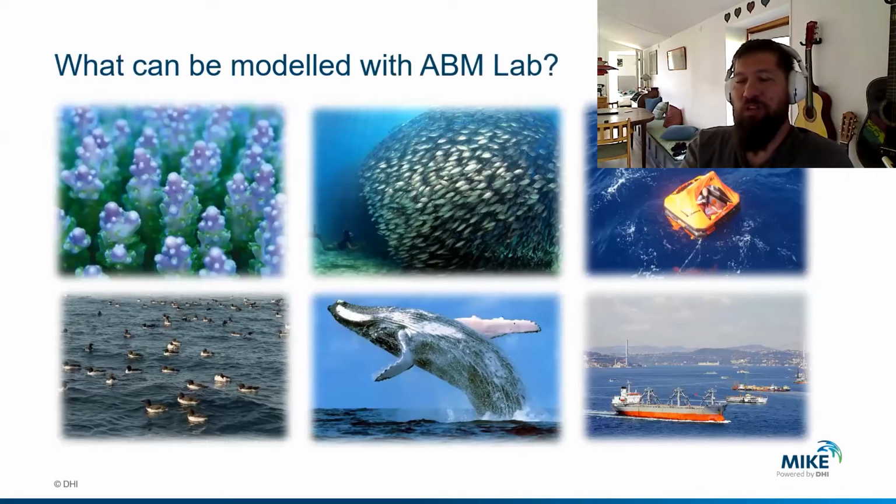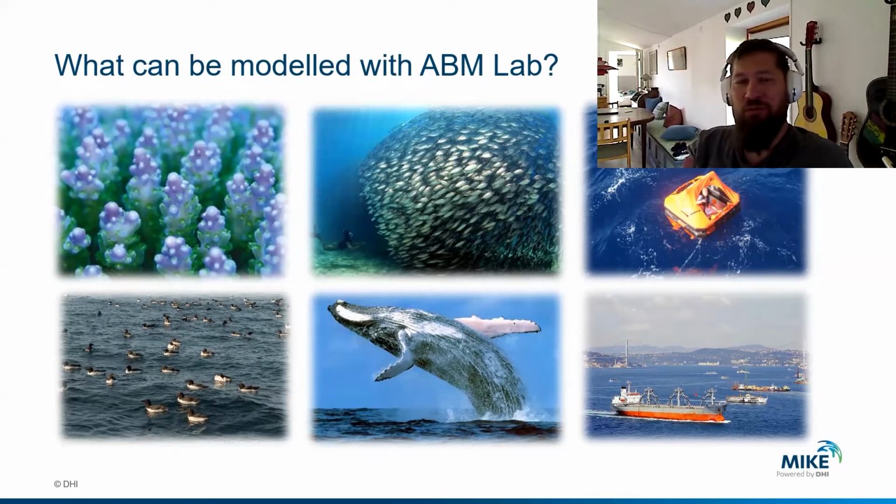But what can be modeled by using ABM Lab in MIKE, or an agent-based model? Well, given the definition before, anything that you can treat as an individual or an object, you can model as an agent as well. That goes from a blue whale, an ocean-going tanker, to life rafts, to individual fish, to individual flowers.